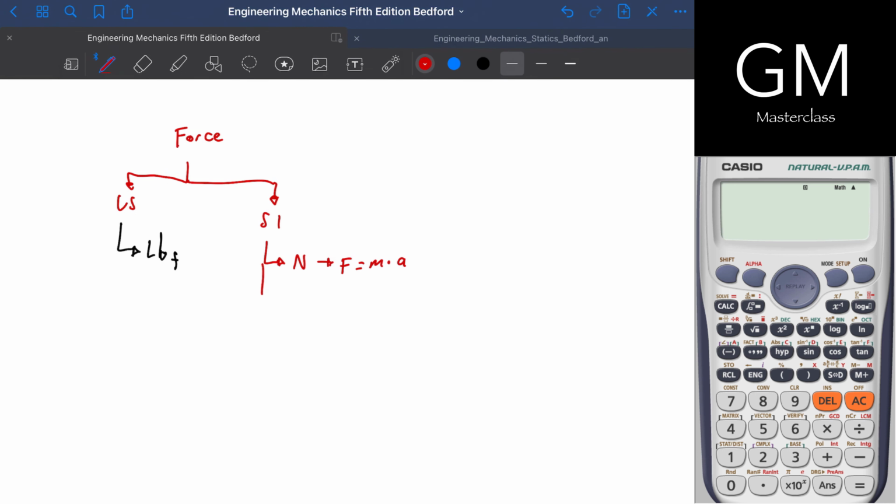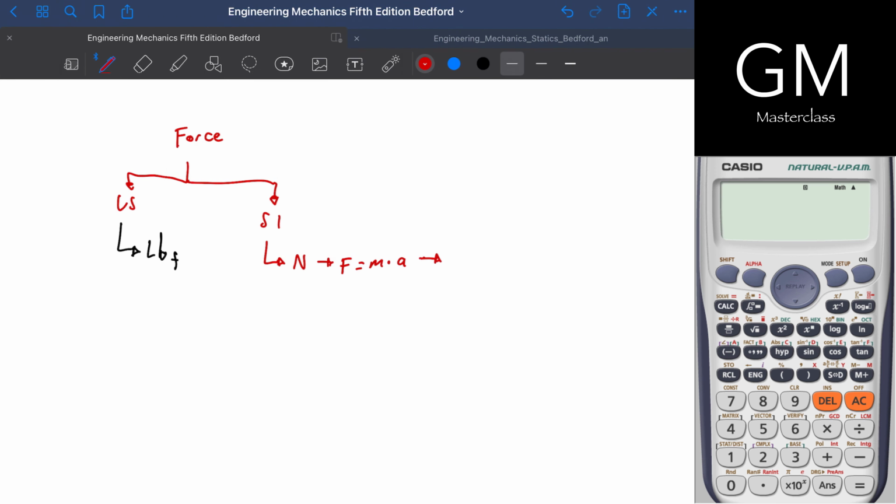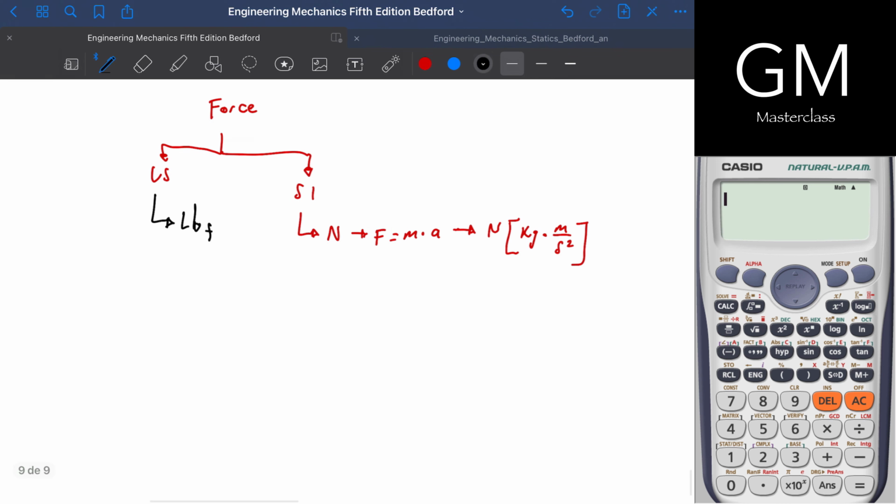So in the international system units, we will have a newton, which is a kilogram multiplied by a meter per square seconds. The same thing happens here, because a pound is given by a slug multiplied by a feet divided by square seconds.